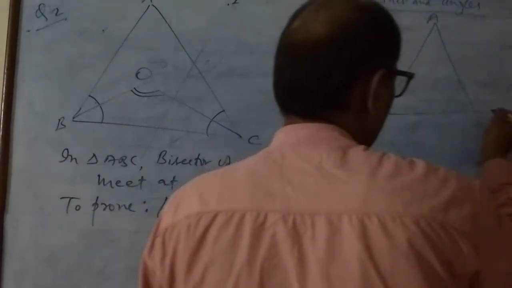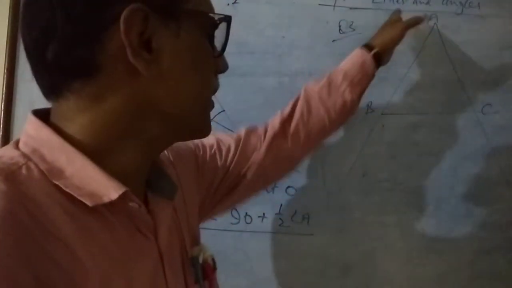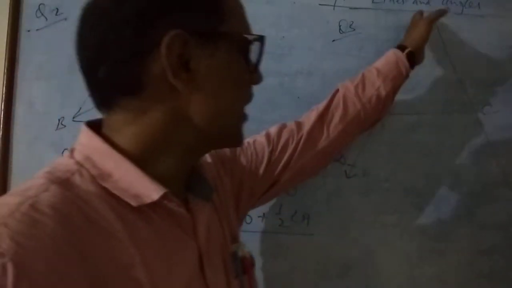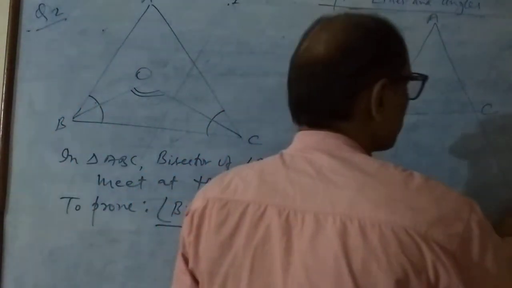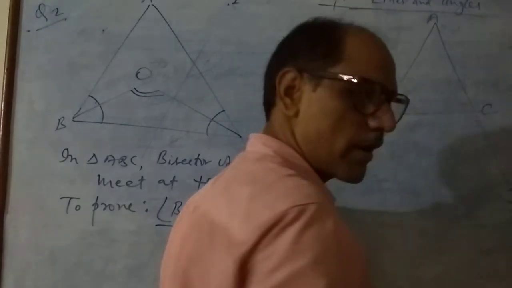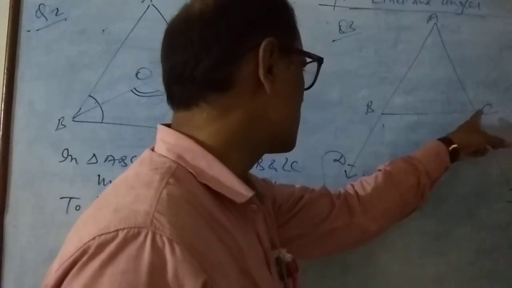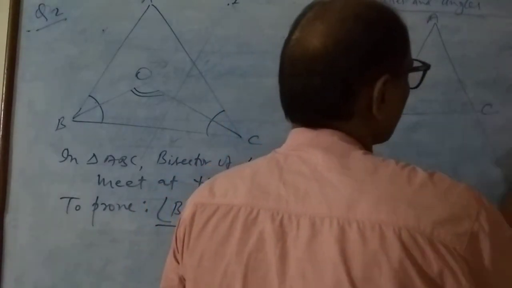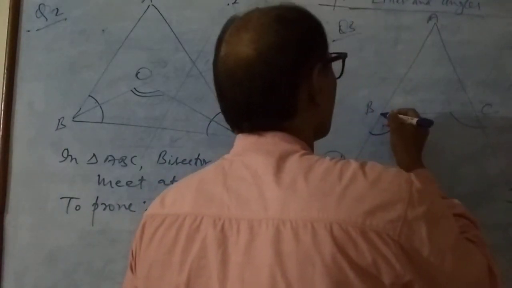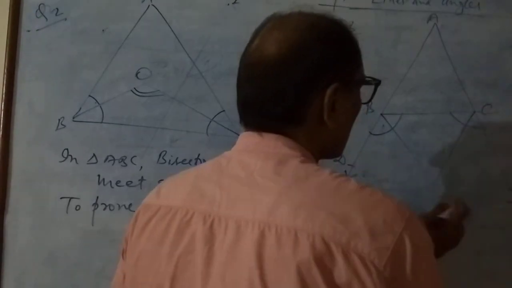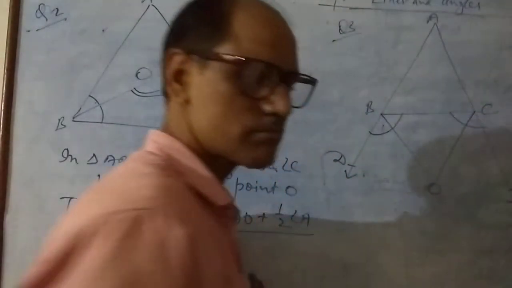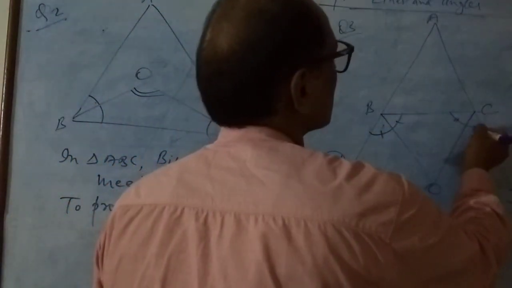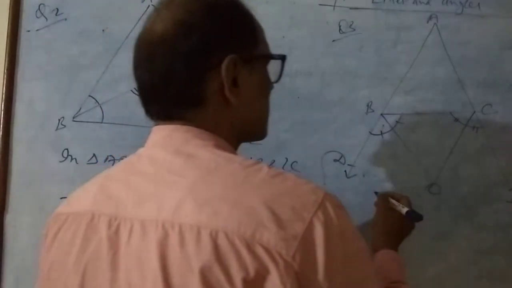ABC is a triangle. AB is produced to the point D, AC produced to the point E. Okay. The bisectors of exterior angles CBD and BCE meet at the point O. This angle is equal to this, or this angle is equal to this.